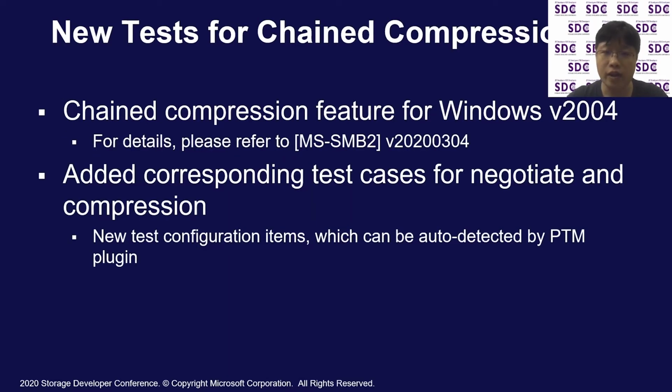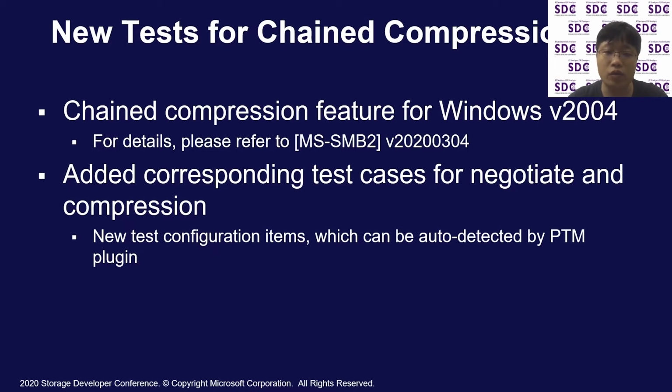The next update is focused on new feature of SMB2 called chain compression. We added new tests according to MS-SMB2 version 2020-03-04, which covers updates of SMB2 in Windows version 2004.